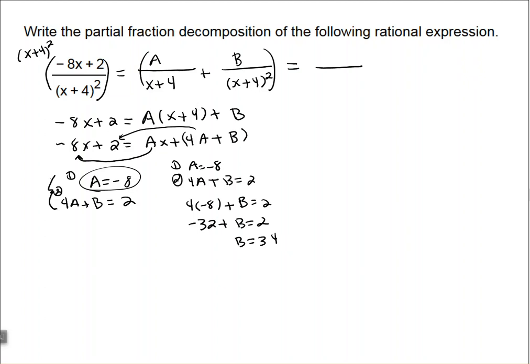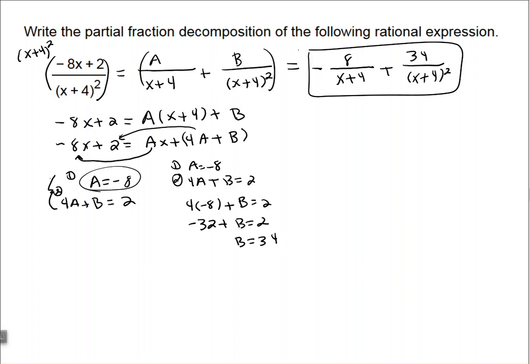So a is negative 8. And the negative can be out to the side of the fraction, or it can be in the numerator with the 8. And b is 34. And that is our partial fraction decomposition.